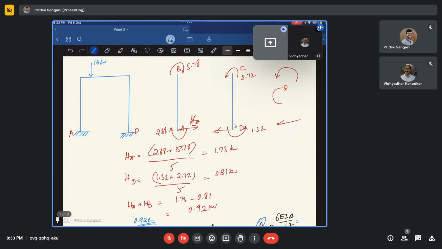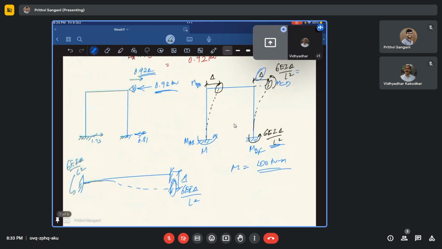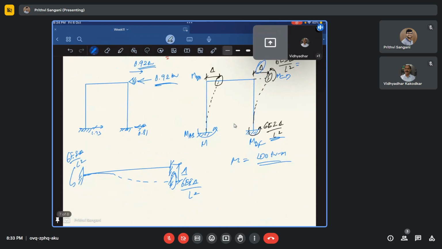So now see what I'm trying to do. Initially I have solved for this, and I have got some moments at support A and support B, as well as at the rigid joints B and C. But now, in the next step, due to the sway which is delta in the rightward direction, what are my support moments because of that sway?